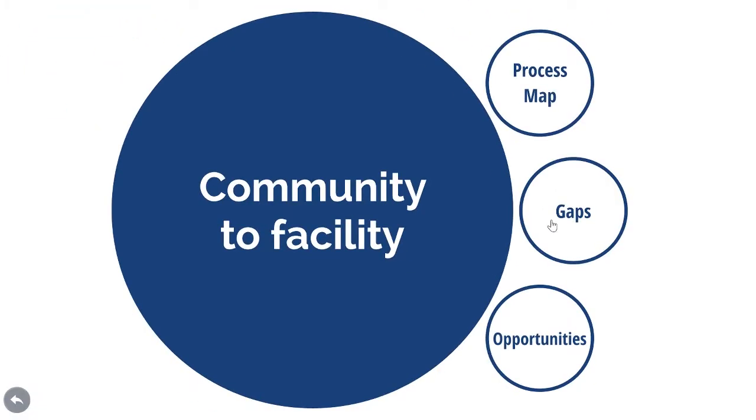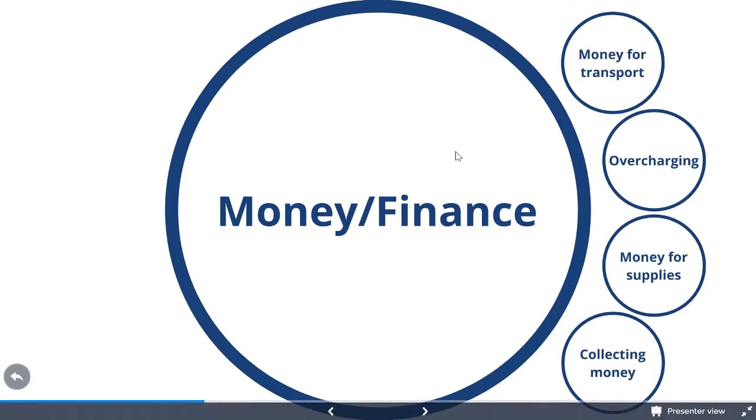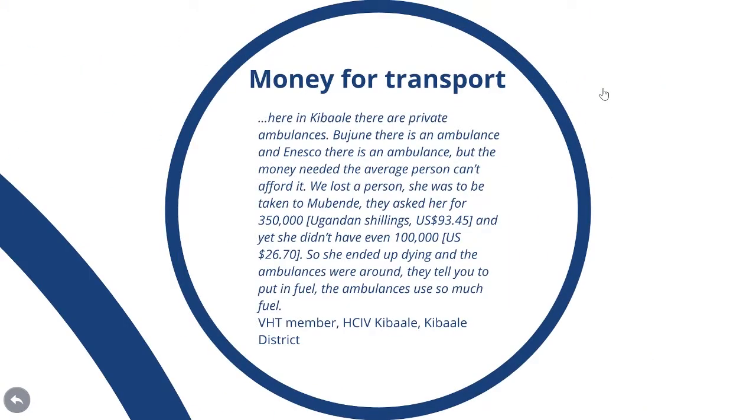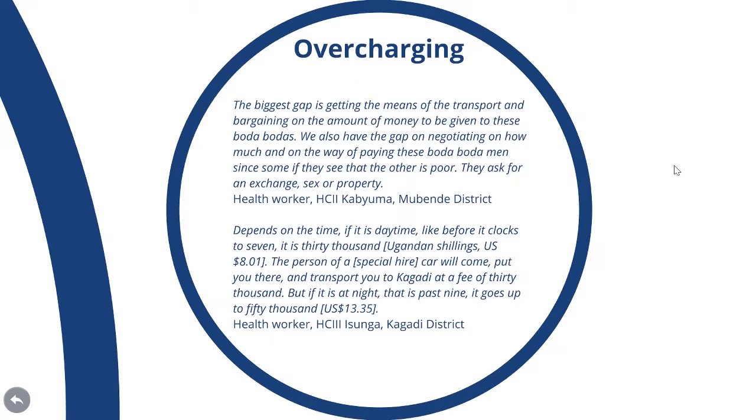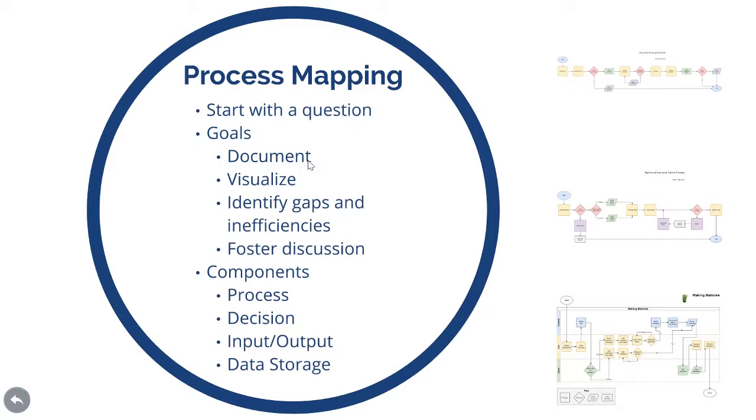The goals of this process mapping are to document this process using the people who are most involved in it, to then visualize it so that the group comes to an agreement and it can be shown to others, and then use this visualization to identify gaps and inefficiencies. In our case, all of that is also to foster discussion among the populations that we were doing focus group discussions with.